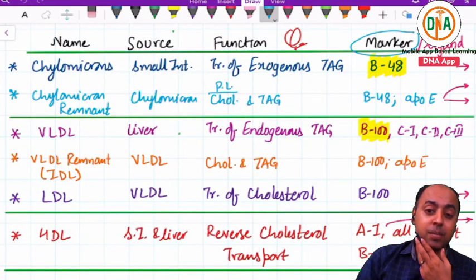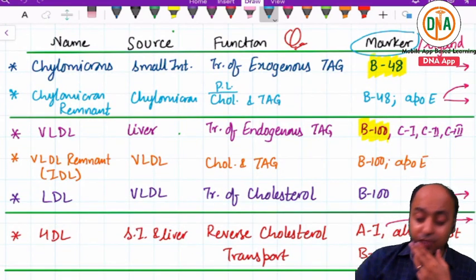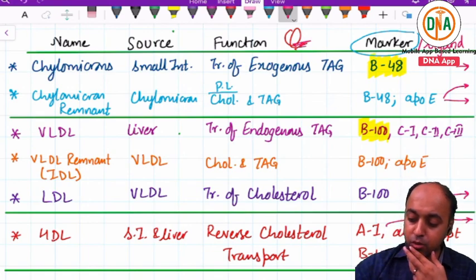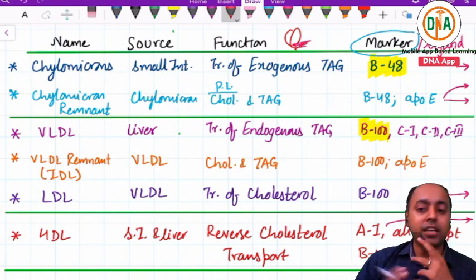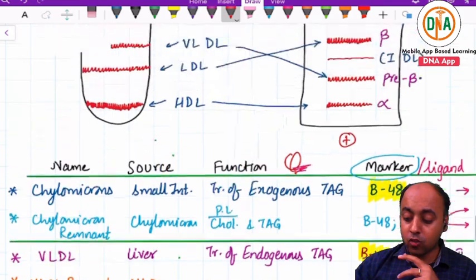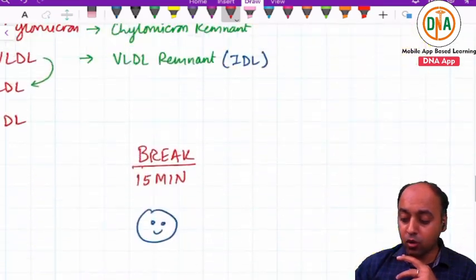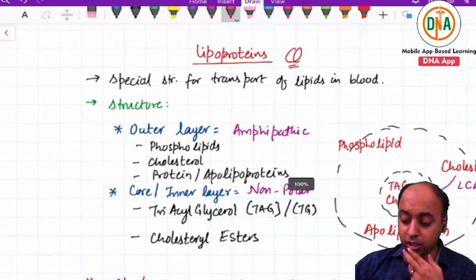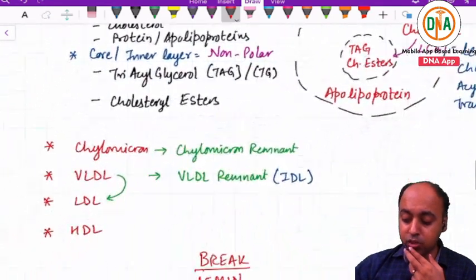I'll repeat, this table that we drew is very important. Alright, very important for your exam. Very easily you can get the question from this. When you are getting the question on lipoprotein, you can quickly draw this table along with the brief description of the composition of the lipoprotein. If it is a 2.5 mark question, then you have to write the definition, the composition and the names.